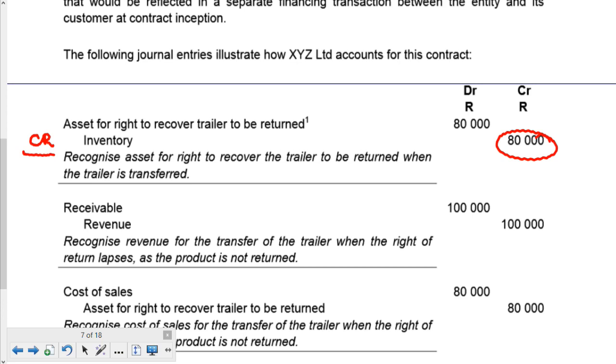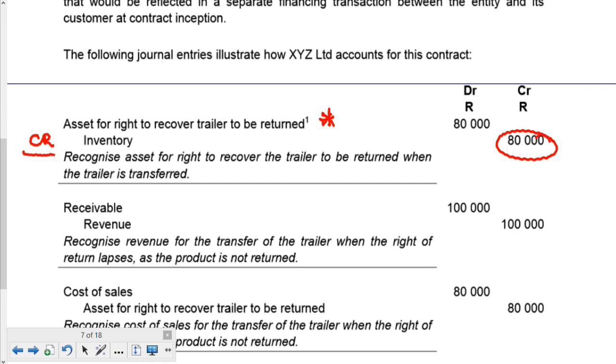So at that stage, what we do is we recognize this asset. It's an asset for a right to recover a trailer that could be returned. So we have a right to recover a trailer if the customer doesn't like it and wants to return it within the 90 days. I don't have inventory anymore, isn't it? Because the inventory is not in my books. So that's why I do this entry. I credit inventory and I debit this asset for the right to return the trailer.